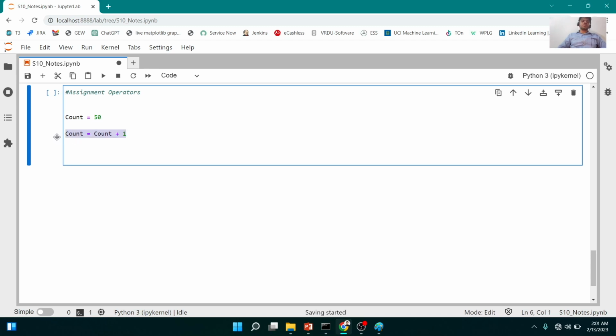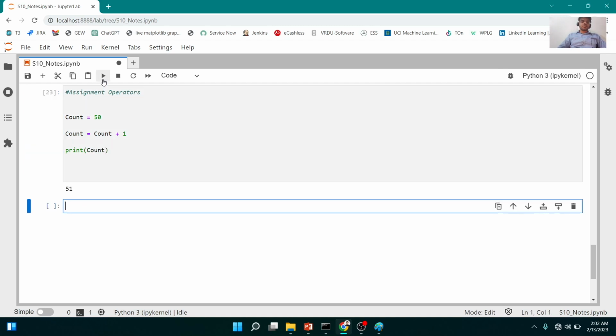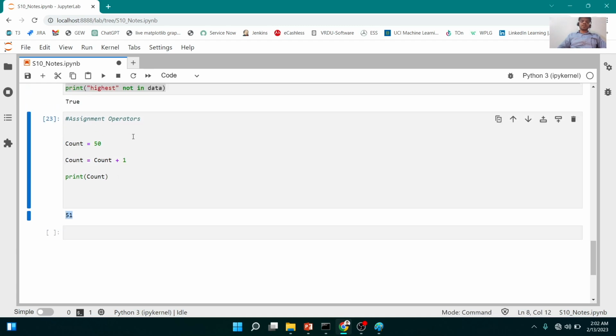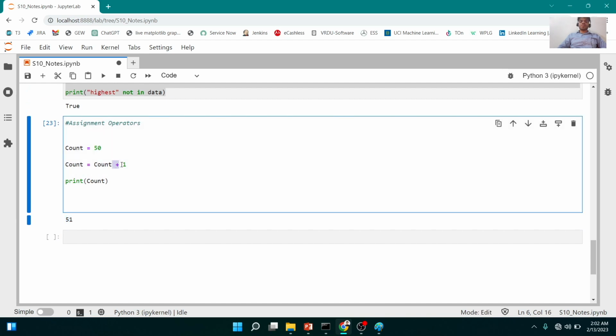But then it says whatever is stored in count, add 1 to it and the resultant result should be stored back in count, right? So if I try to print, you will see that it says 51. So basically you're doing the addition operation and then assigning it back.